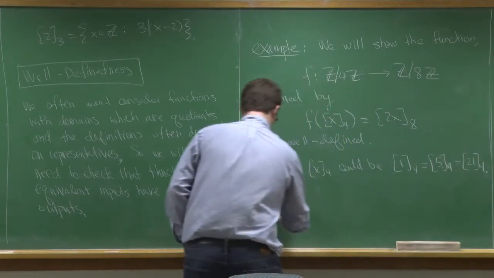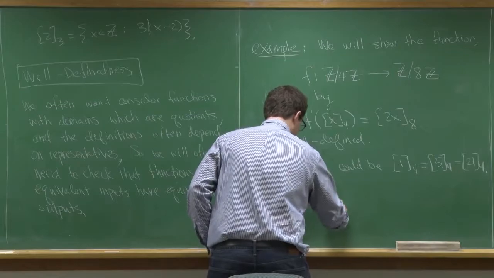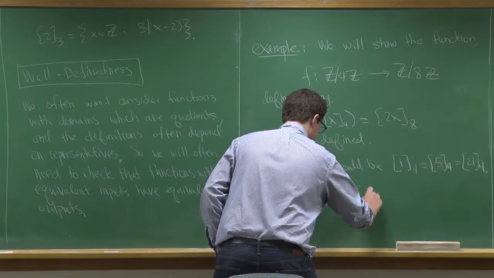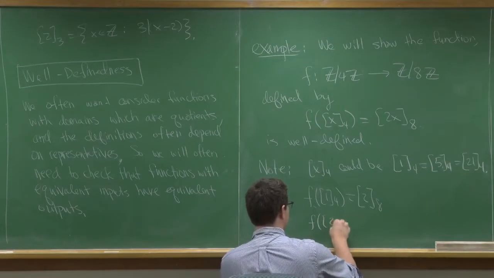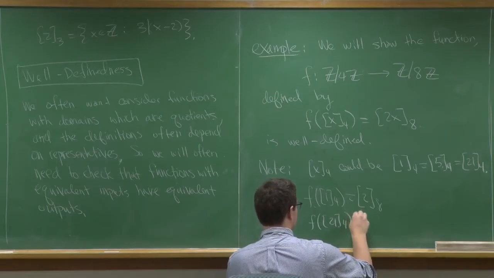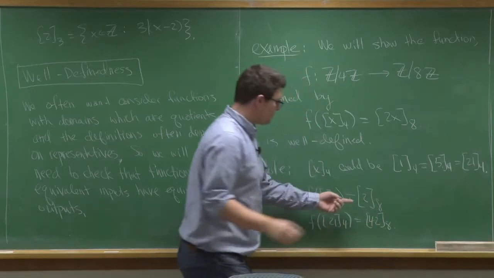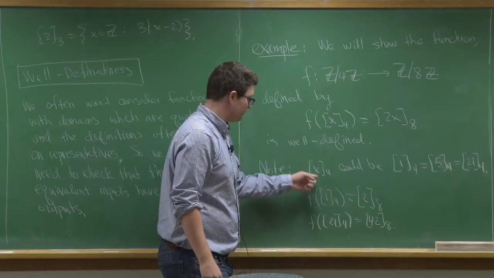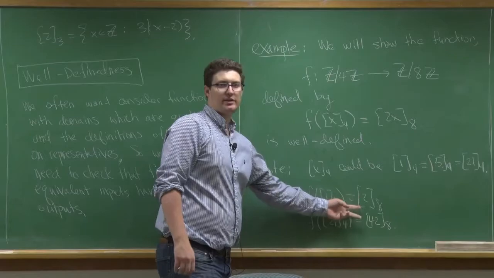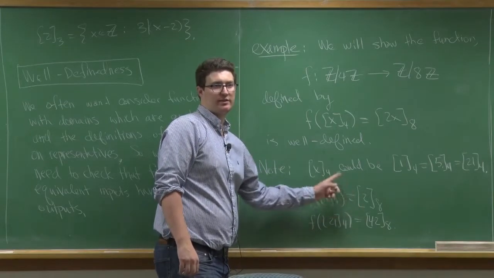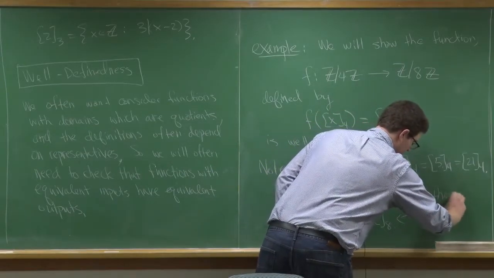On one hand, f of 1 mod 4 is 2 mod 8. And f of 21 mod 4 is 42 mod 8, right? And so here you can see that we have one class, and we want the function to be defined on the class, right? But we don't know that these things are really the same. We have to check that this thing is well defined, right? So are these the same?